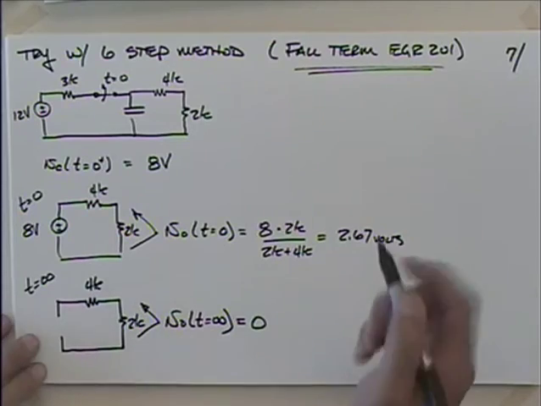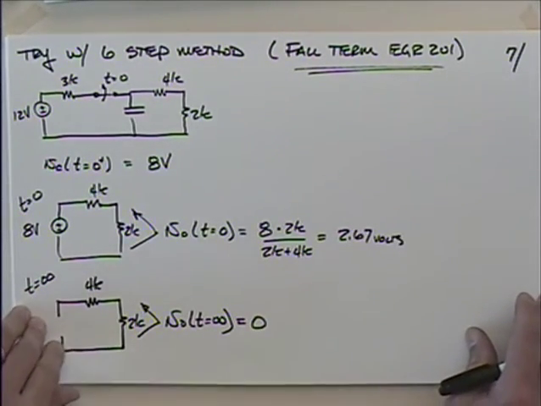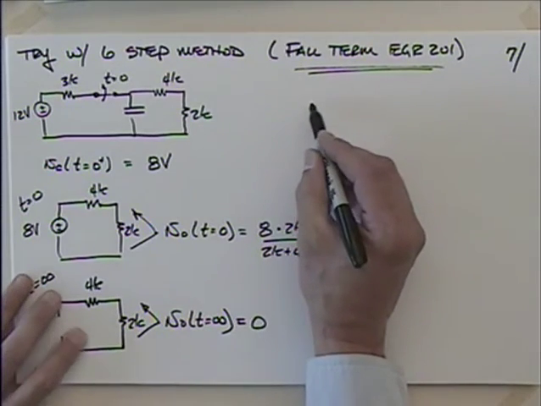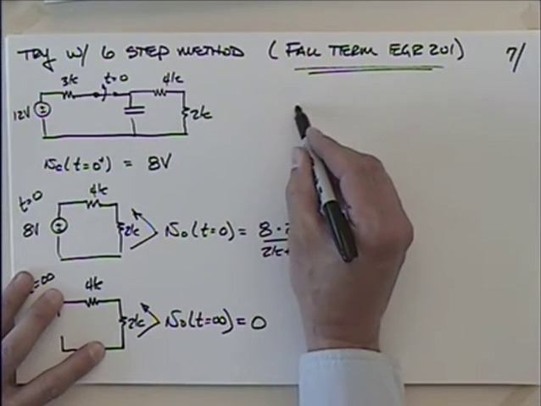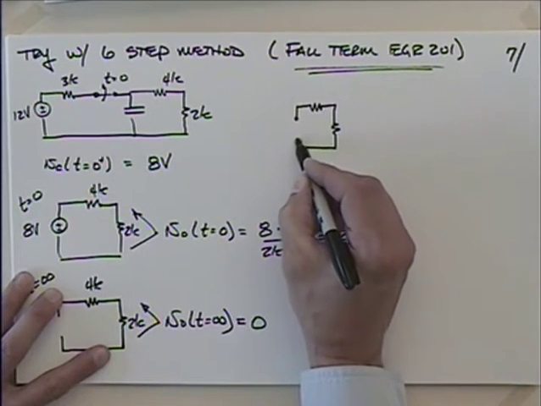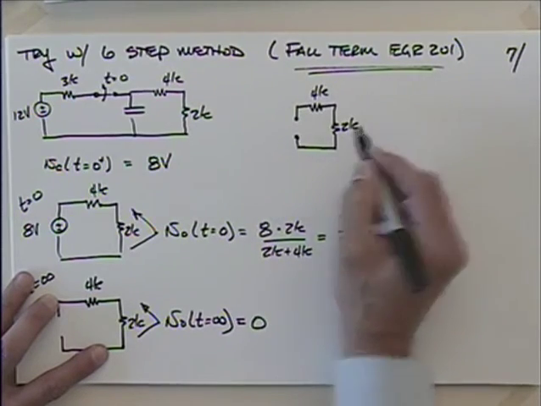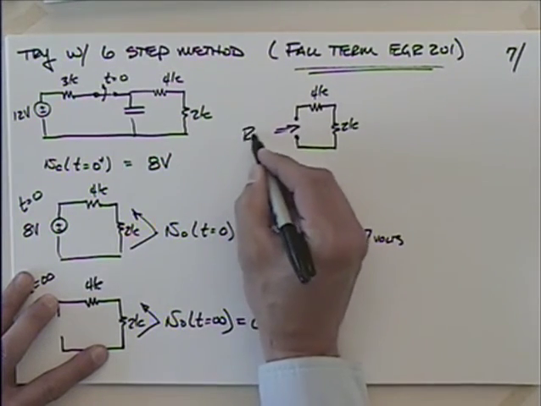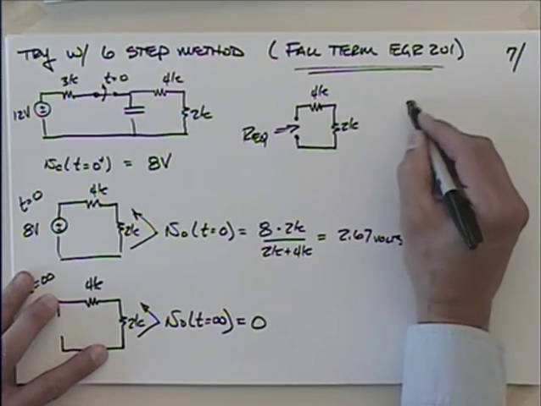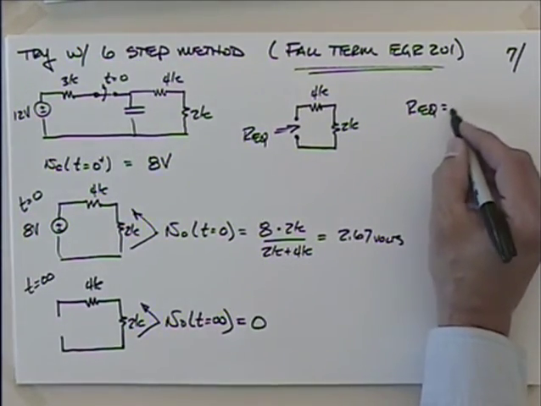So then I need to look at, and I can probably get it all on here, so I'll just go up here. If I look into these terminals here, with 4K and 2K, the equivalent resistance, what's that? Yeah, 6K, isn't it?